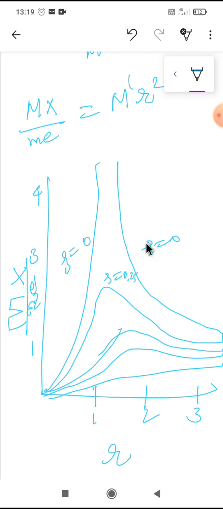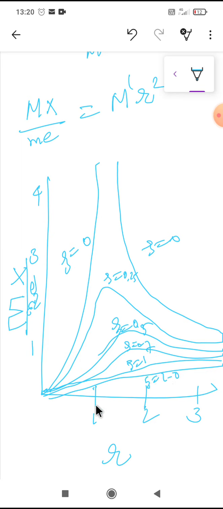The vibration does not have any resistance, and it is an undamped system. And here zeta equal to 0.5, and let me take one more line, zeta equal to 1, zeta equal to 0.7, and zeta equal to 2.0.